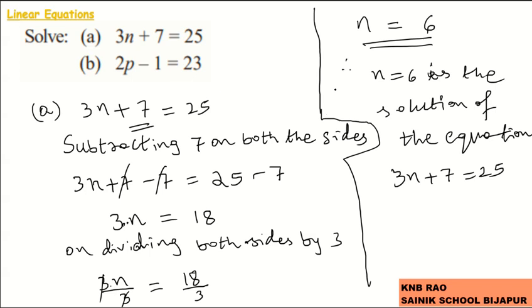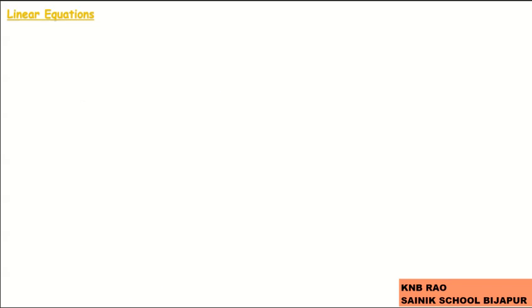Now, we shall solve the B sub question. Students, now the sub question B we shall take: 2p minus 1 equals 23.